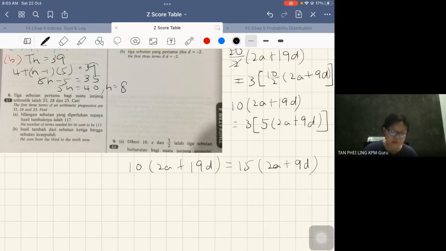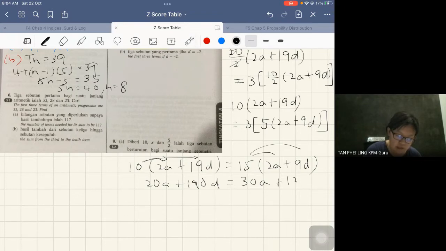When you see it like that, you know maybe you want to expand first. So 20a plus 190d equals 30a plus 135d. Now easier, right?